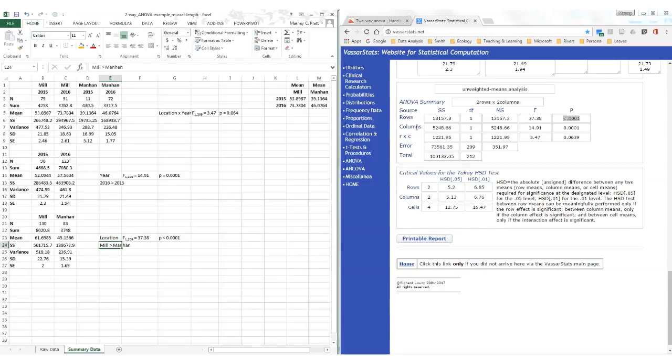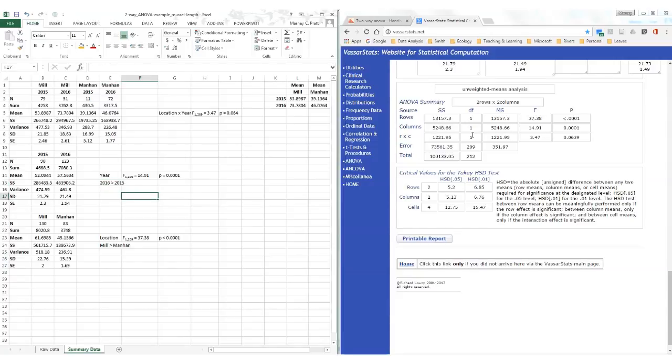For the columns, that's your year, our p-value is 0.0001, and here's the F value, 14.91. The degrees of freedom are the same, and again, this is significantly different. So we can say, since the 2016 value in this case was greater, that the muscles on average were larger in length in 2016 than they were in 2015.